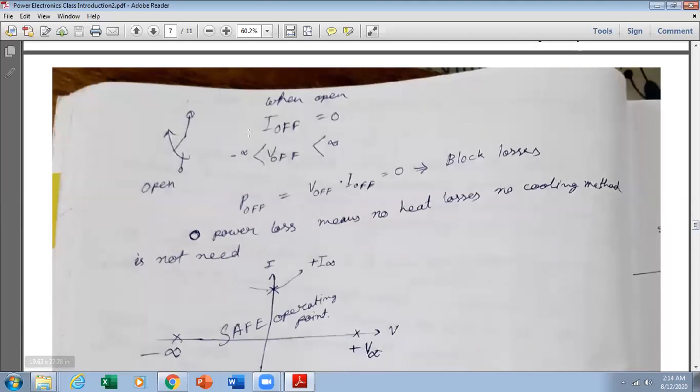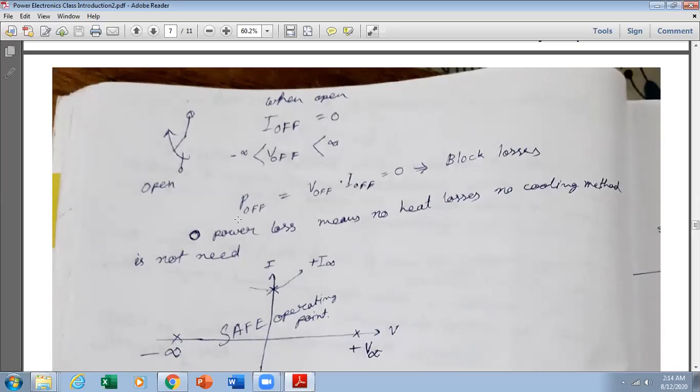So here the power loss is the blocking loss. Why so? Because it is blocking the current conduction, there is actually no current conduction, so it is called blocking loss, and that is equal to V off times I off. You understand, I off is 0 and V off is infinite, whatever may be the value, if it is multiplied with 0, then the value will be 0. So blocking loss is 0.